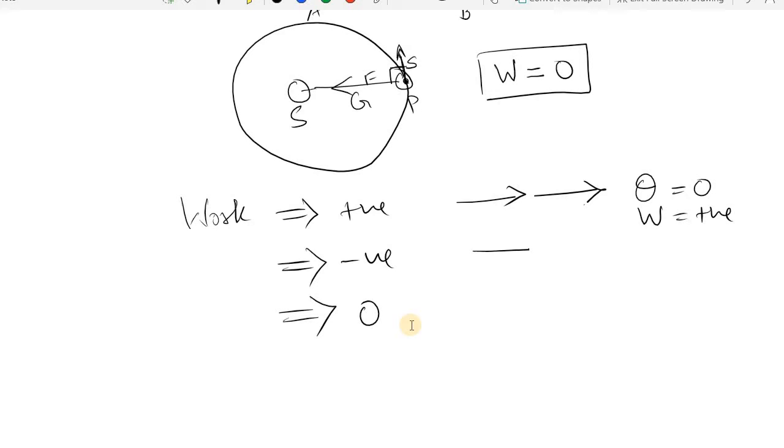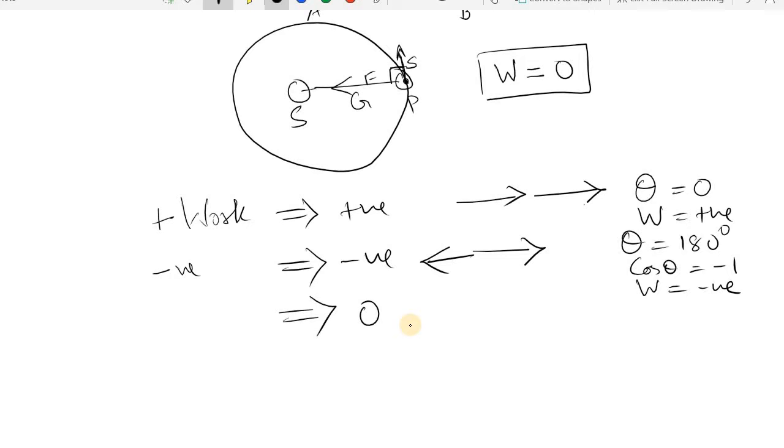If force is in one direction and the displacement is in another, then theta is equal to 180 degrees and cos theta would be negative 1 and the work would also be negative. So we have positive work, we have negative work, and we have 0 work. And 0 work, as you know, is when the force and the displacement are at right angles to each other.